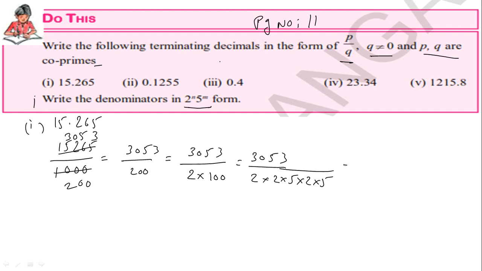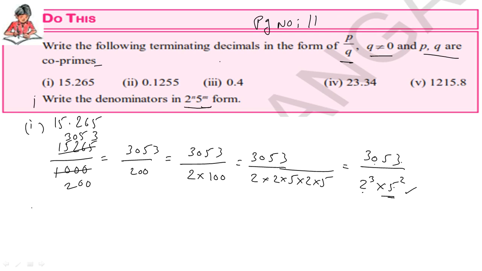Yes, isn't it correct? 3053 by 2 cube into 5 square. Is it of the form 2 power n into 5 power m? Yes, it is. And in this we do not have any 2 or 5 as common factors, so p, q are co-primes.